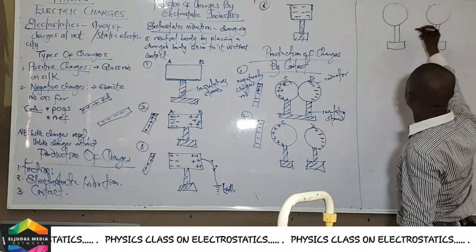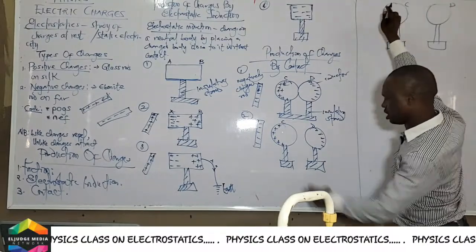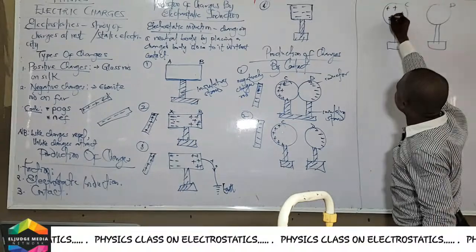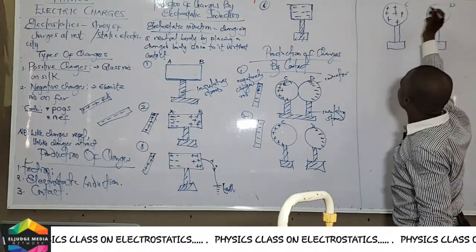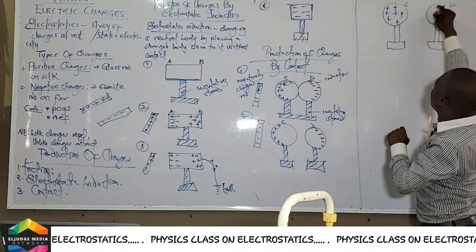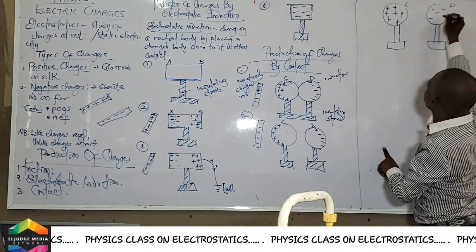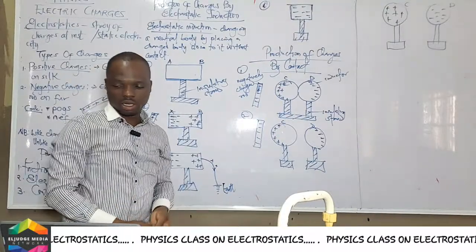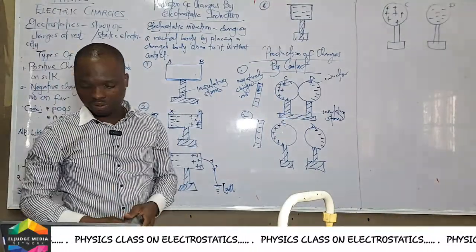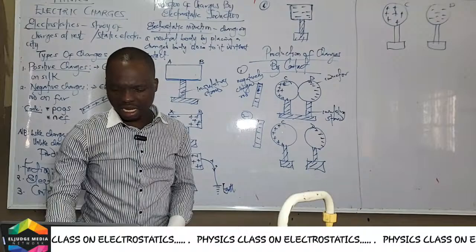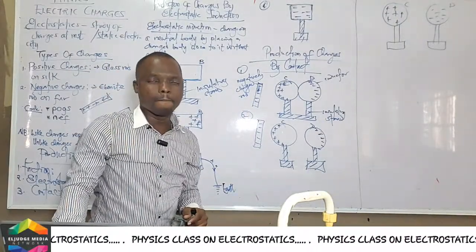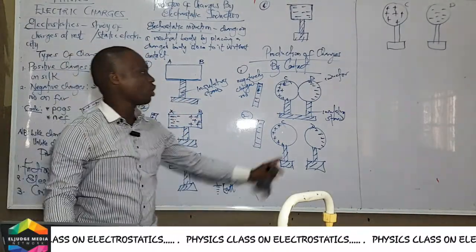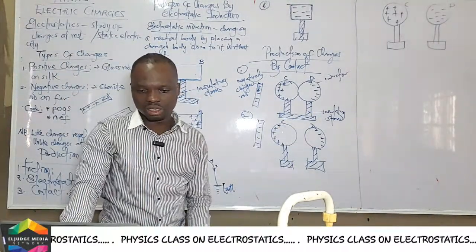On sphere C, by the time I remove the rod, all the positive charges will spread evenly inside the sphere, while for D, all the negative charges will spread throughout the whole material of D. So that is the concept of charging conductors by electrostatic induction and also by the contact method.